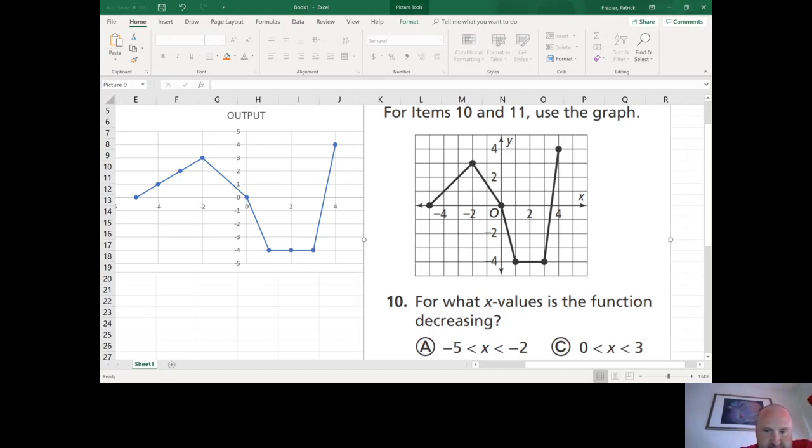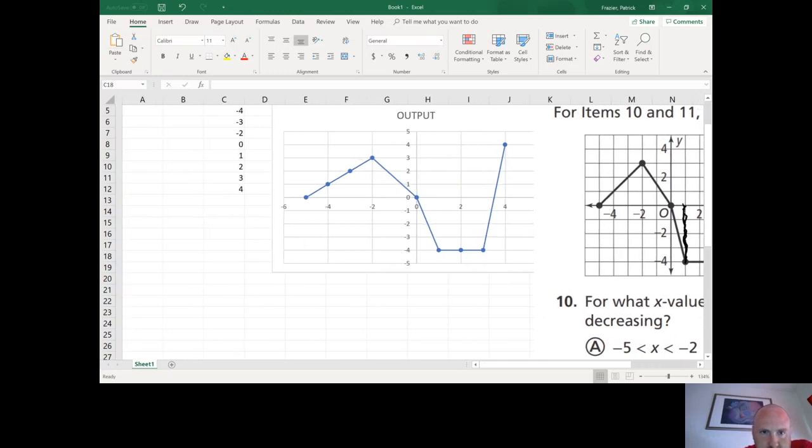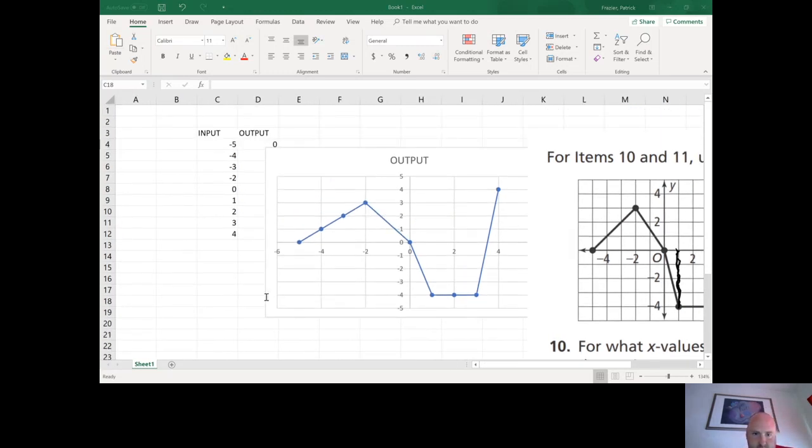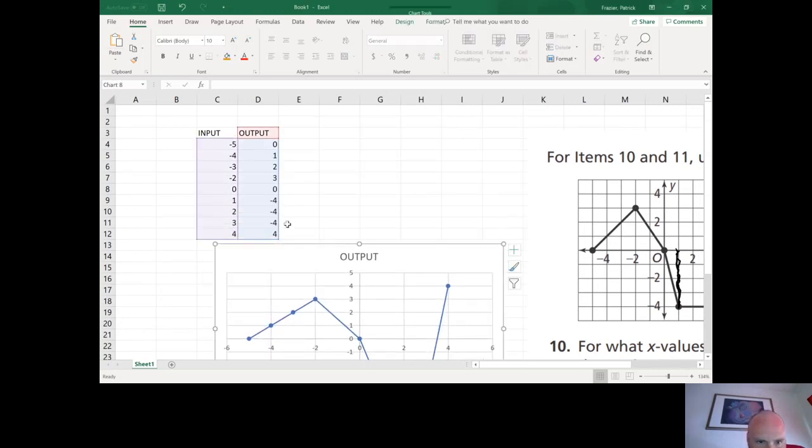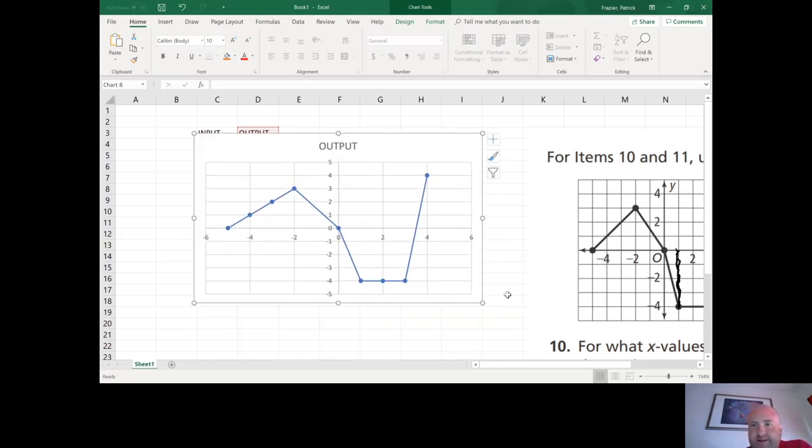Fact remains that over here, this would be the ordered pair where x equals 1, y equals -4, and you can see where x equals 1, y equals -4, or where the input is 1, the output is -4 on this graph.